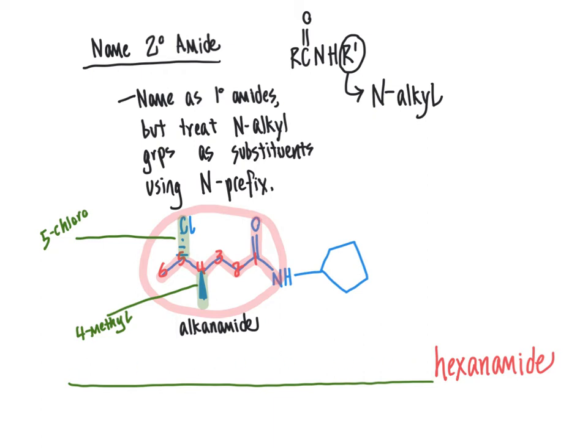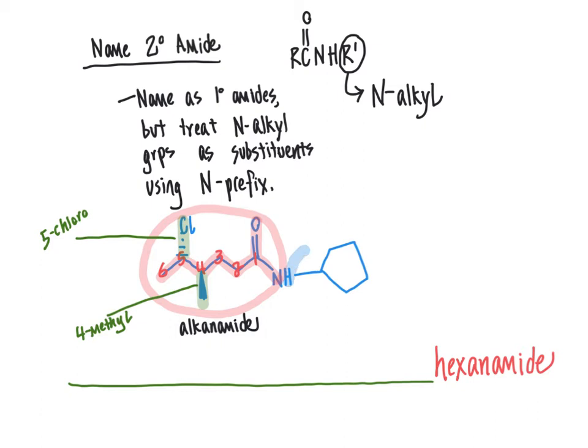So that's why I haven't written the chloro and methyl groups out here in the name just yet, because those are going to get rolled in to the alphabetical order along with this so-called N-alkyl branch that we are going to be naming, whatever that group is that's bonded directly to the nitrogen. So let's go ahead and tackle that puzzle.